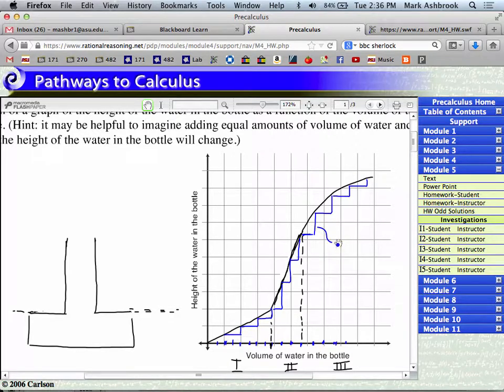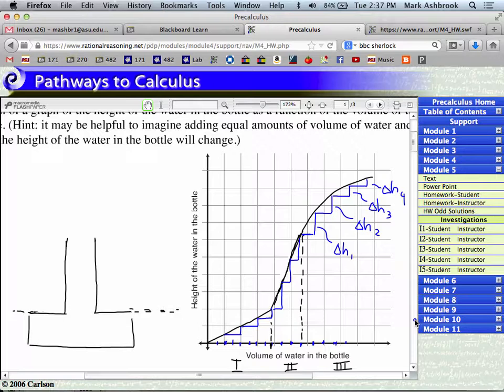Here in the third part, here's delta H1, here's delta H2, delta H3, and delta H4. So are those positive or negative changes in height, first of all? Positive changes, right? The height itself is increasing.